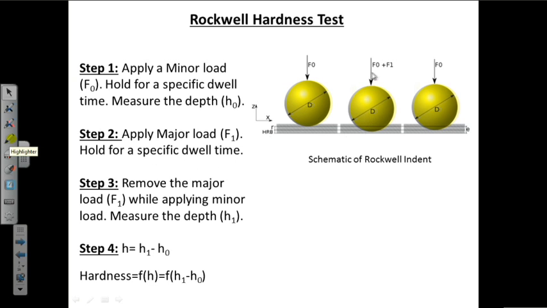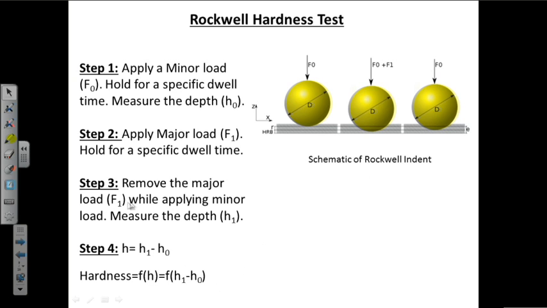In the figure you can see that we have applied a minor load F naught, and in the next step we have applied F naught plus F1. In step 3, we remove the major load F1 while still applying the minor load. You can see that we have removed F1 and F naught is still applied.